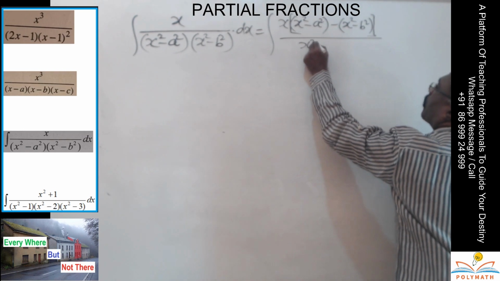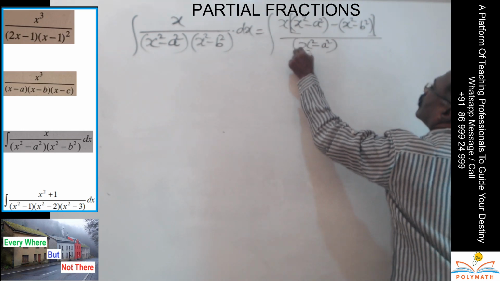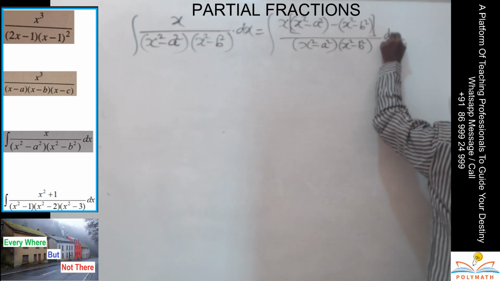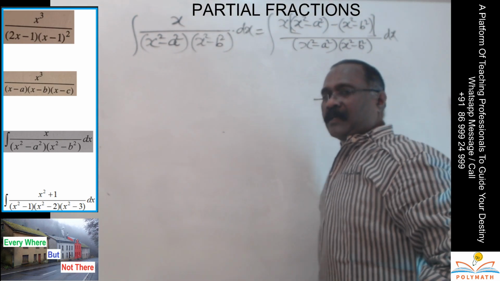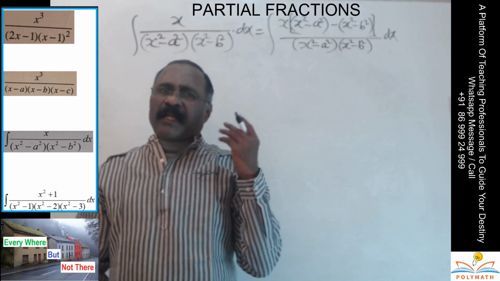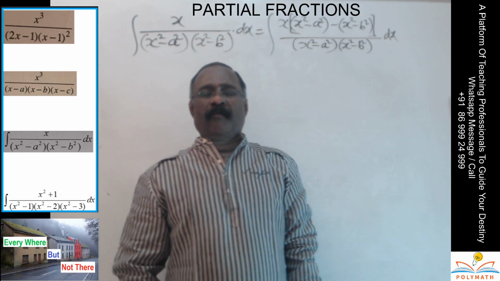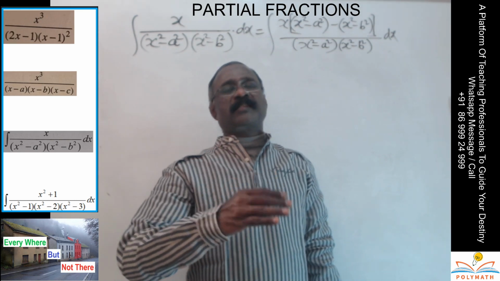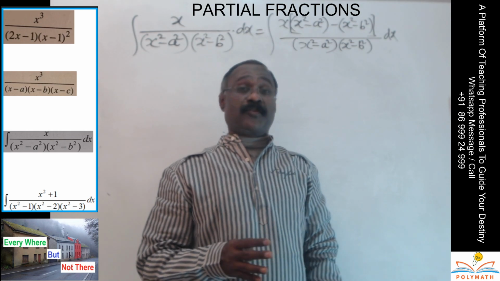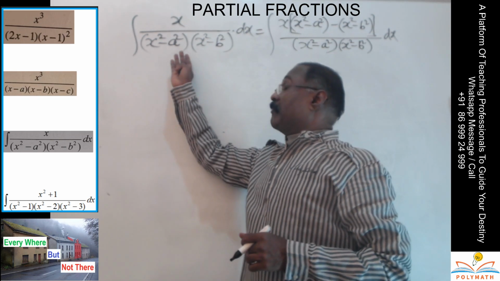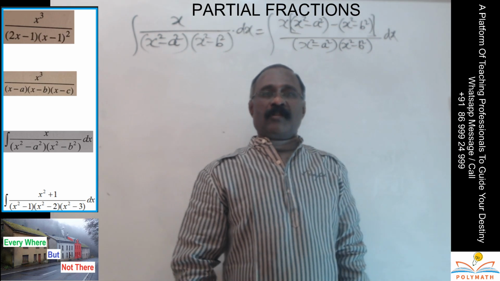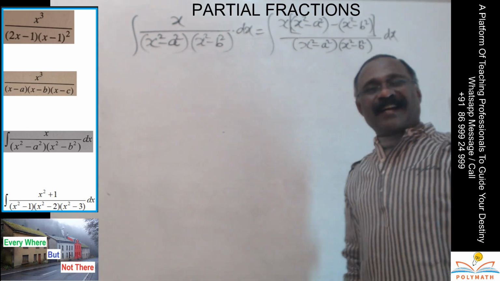We are not applying any principle of partial fractions, just using a method. What is the purpose of doing partial fractions? The purpose of doing partial fractions is to get the given function to the standard format formula. What is the standard format formula?